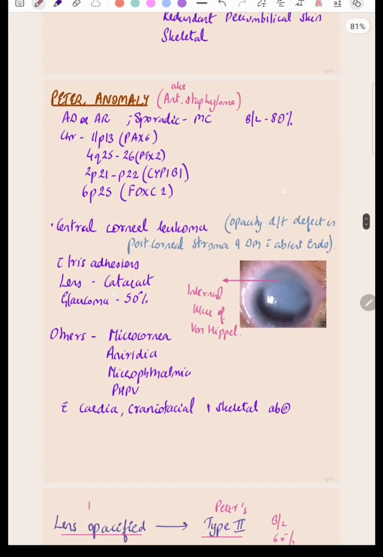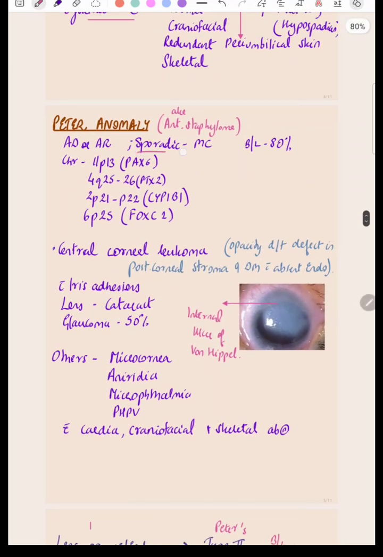The inheritance is mostly sporadic, but if there is an associated CYP1B1 gene, then it is usually autosomal recessive. This is the same gene implicated in congenital glaucoma.